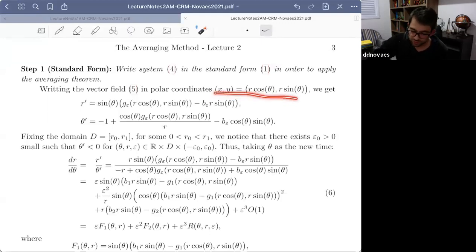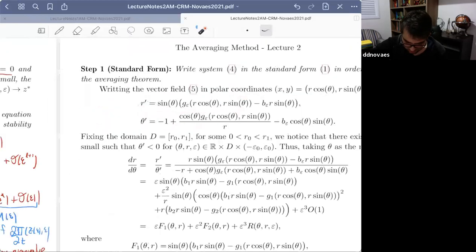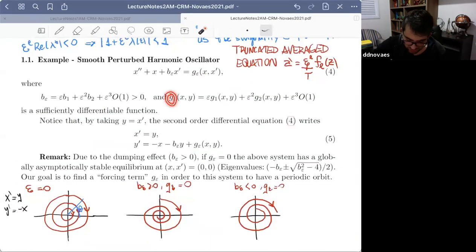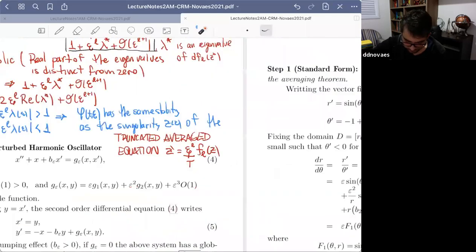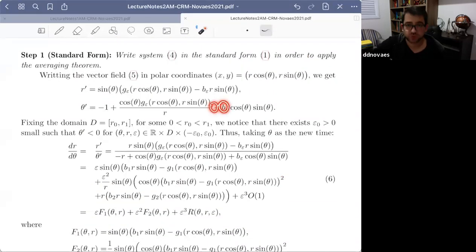When we proceed with the polar change, we get r prime equal to something and theta prime equal to -1 plus a term which depends on g epsilon, and recall that g epsilon has an epsilon that multiplies everything, minus b epsilon, and the same happens with b epsilon.